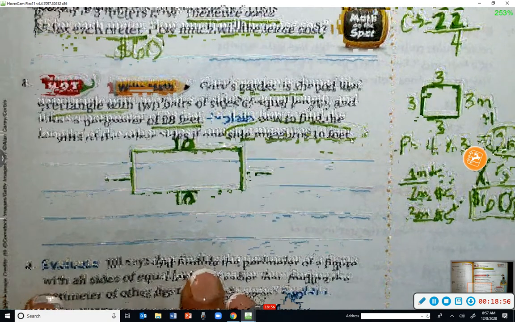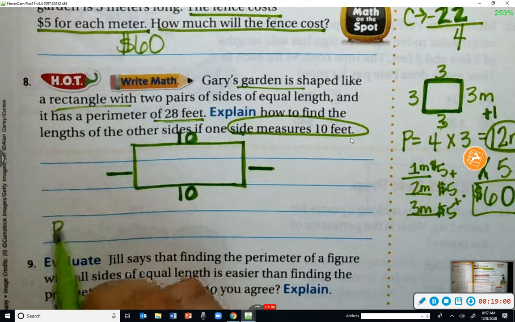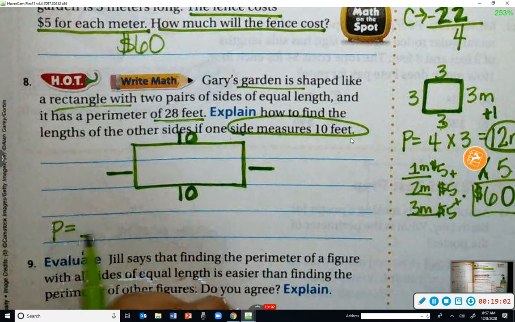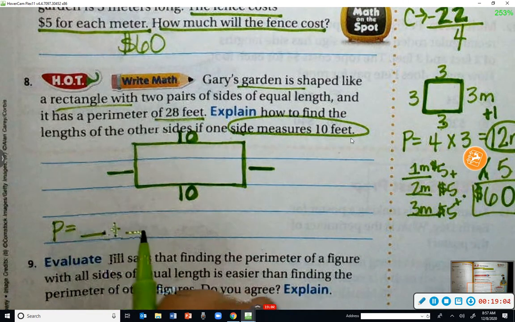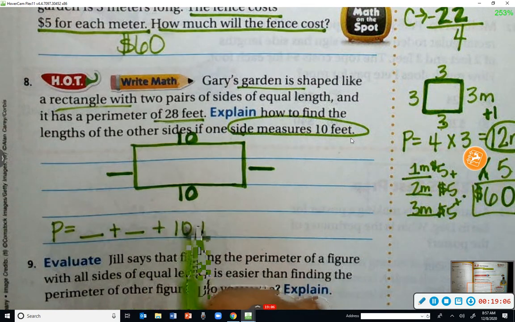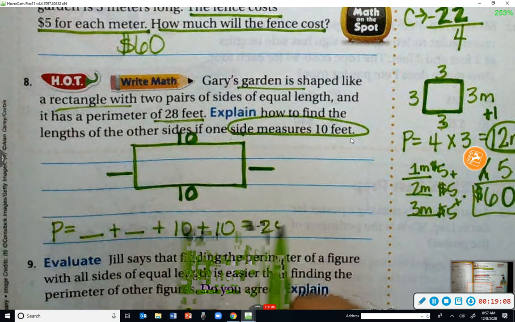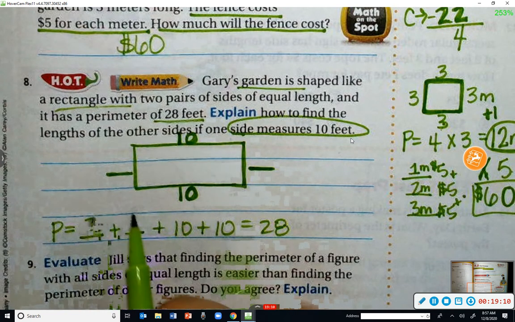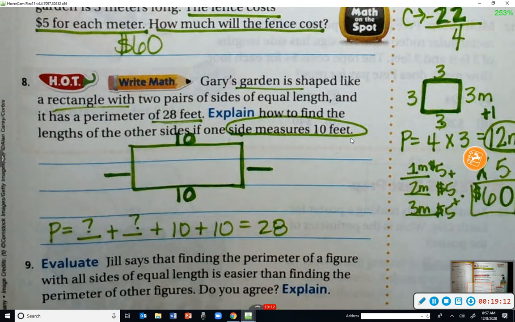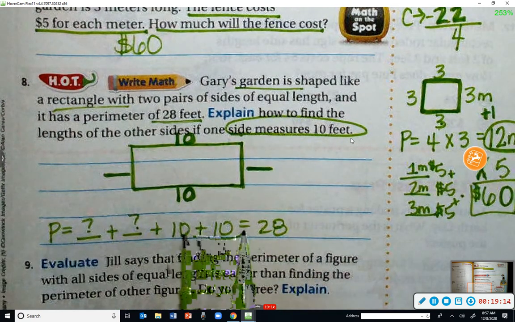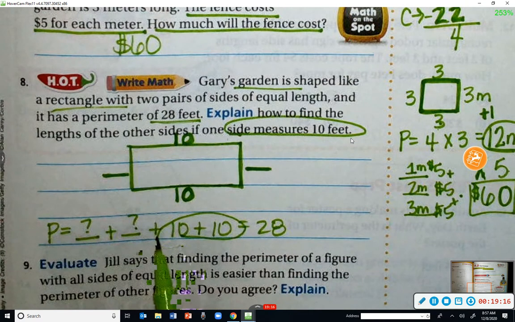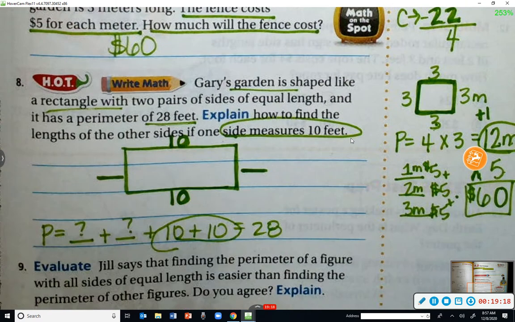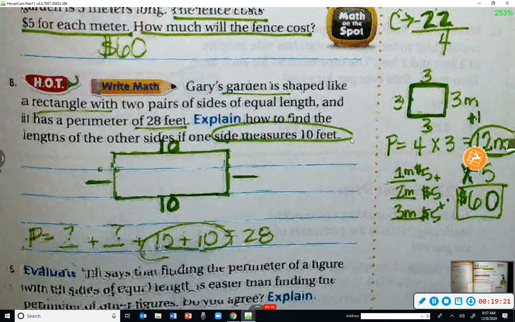Okay, so if all of these add up to 28, blank plus blank plus 10 plus 10 equals 28. I need to figure out what these 2 missing ones are. What can I do right here first? Can I add up the 10 and the 10 to see how much is left to equal 28?